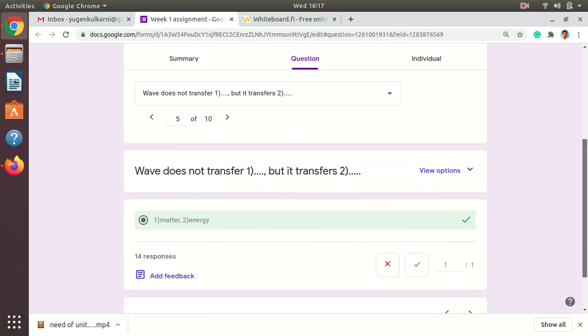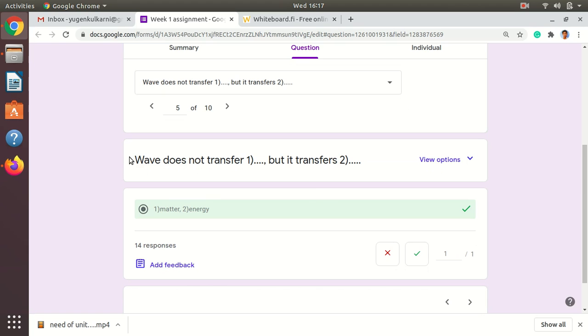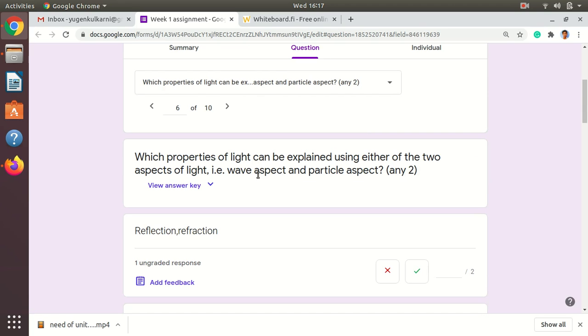Then this answer everyone has given correctly: a wave does not transfer matter, but it transfers energy. So we all know that. Which properties of light can be explained using either of two aspects of light, that is wave aspect and particle aspect? What the question means here is either of two.